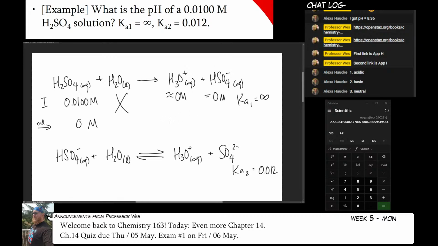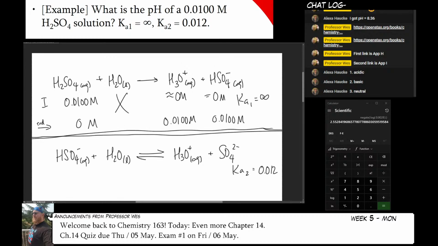And then I would have this for each of those. And I'm going to put a big solid line here like this. So if only the first dissociation happened, those would be my end concentrations.